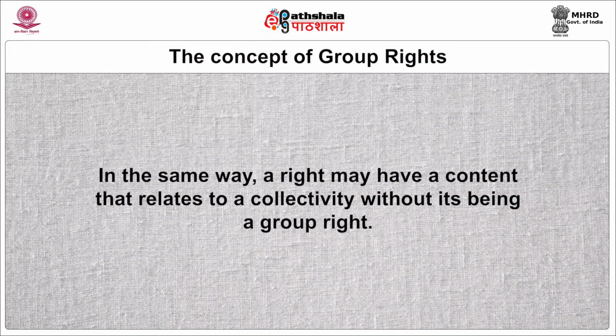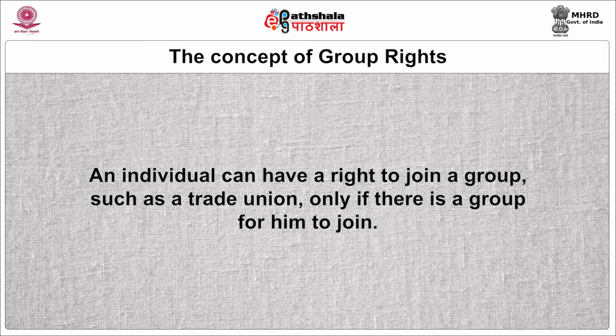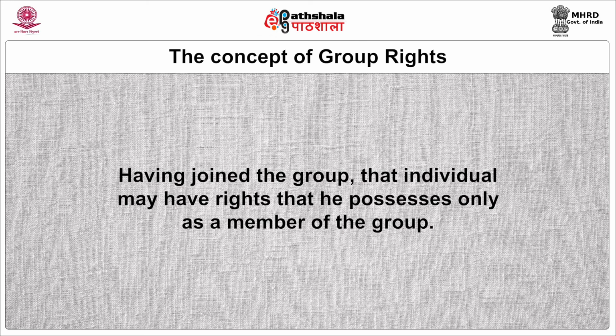In the same way, a right may have a content that relates to a collectivity without its being a group right. An individual can have a right to join a group, such as a trade union, only if there is a group for him to join. Having joined the group, that individual may have rights that he possesses only as a member of the group.